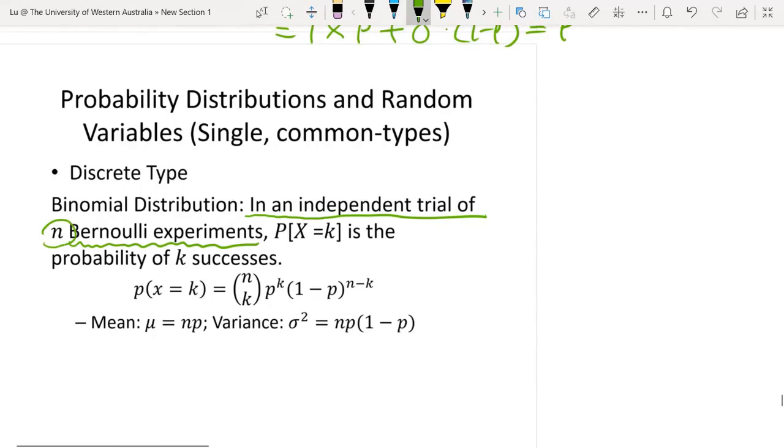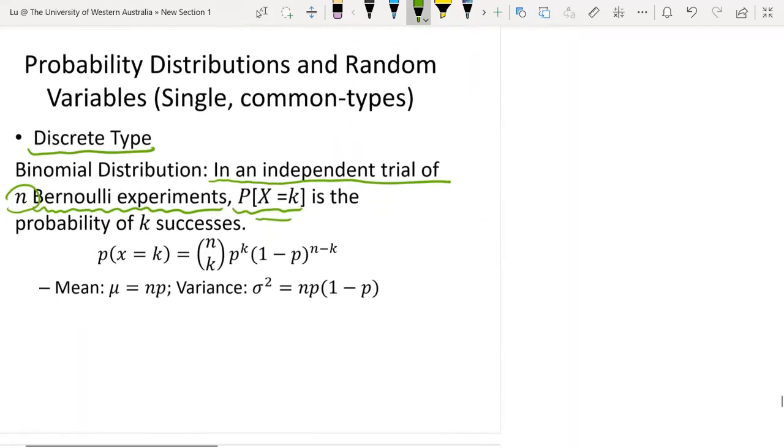Because this is a discrete type, we are using PMF. For PMF, we need to count the probability that the random variable value equals a particular xi point. So P, the probability that x equals k, denotes we have k times success in this n times Bernoulli experiments.